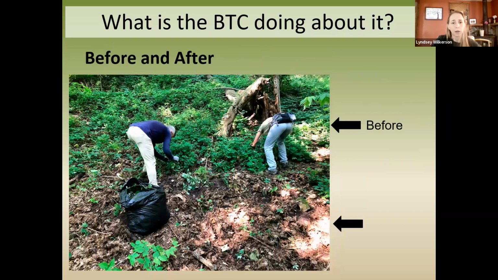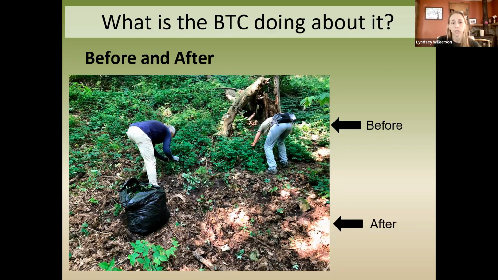So this is another quick go over of some of the before and after of the work that we do. You can actually see here, we've got volunteers out manually doing a hand pull, and you can see the before, where they're still working, and the after. And as Mara and I have both mentioned several times over, invasive species are aggressive, and they just have no end in sight.